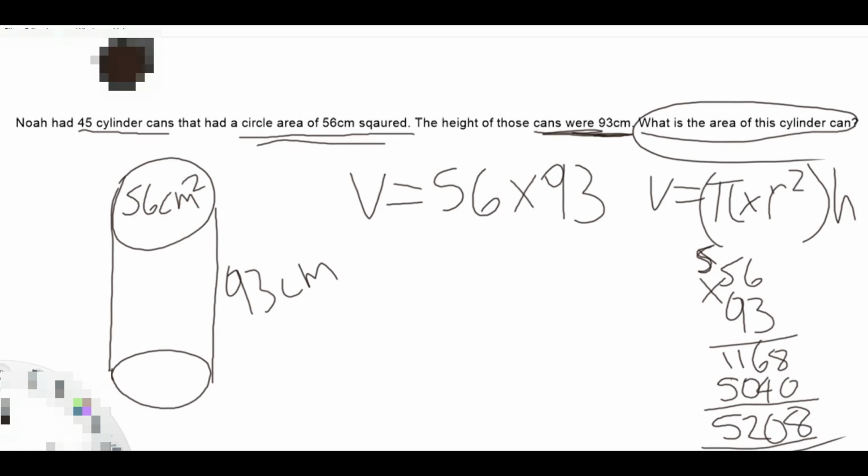So technically the volume of this cylinder is 5,208 centimeters cubed.